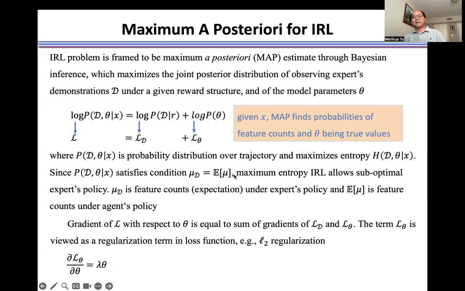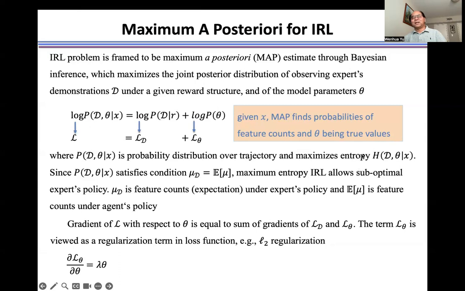That's why we need a maximum entropy method to find this P. We define entropy over P, and we use maximum entropy to select the distribution that makes this entropy maximum.